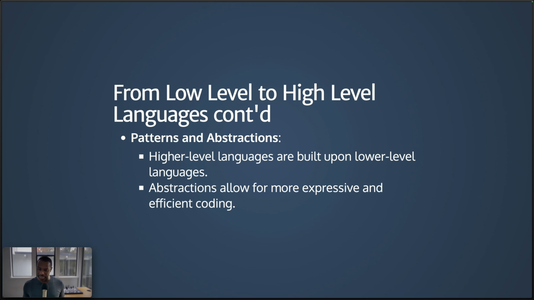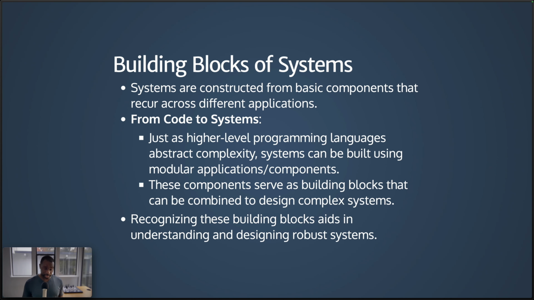I'm not going to go into specifics right now, but the idea here is that we have componentization and modularization, from machine code to assembly language, from assembly language to higher level languages. And this is how we're able to have the high level languages that we have today, like JavaScript and so on and so forth. This concept, I'm calling building blocks.